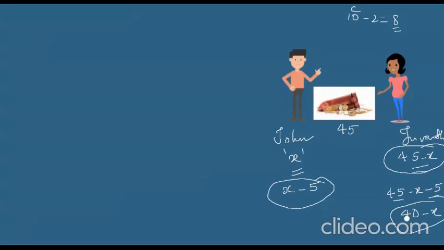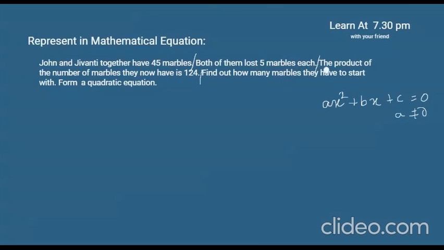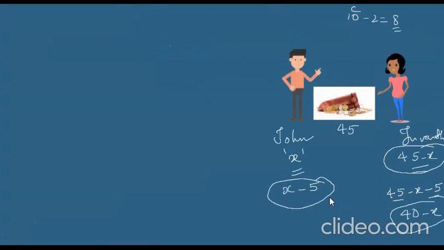Now let us come back to the third condition. What is the third condition? The product of the number of marbles they now have is 124. What do you mean by product? It is none other than multiplication. In the present situation, the numbers are x minus 5 and 40 minus x. There is a relation between these two.